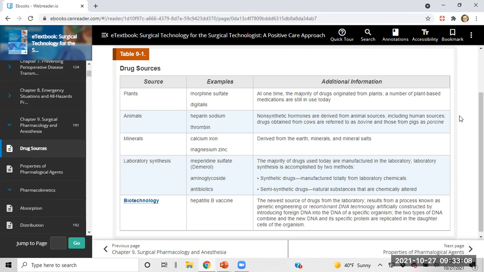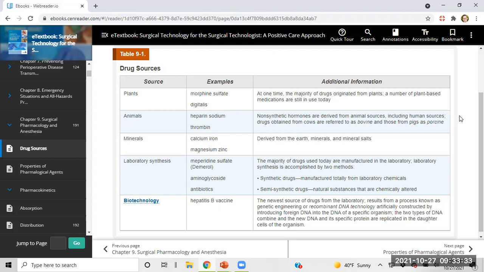From plants, we've seen things like morphine and digitalis. From animals, we see things like heparin and thrombin as some examples of that. Minerals will give us things like calcium and magnesium. Those are derived from the earth and from the mineral salts in the earth.